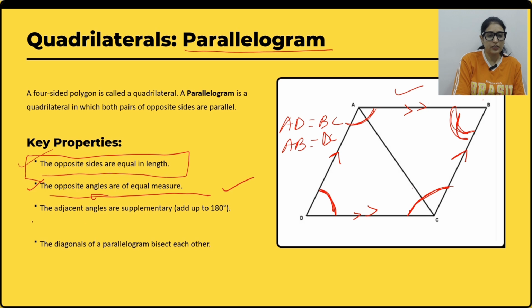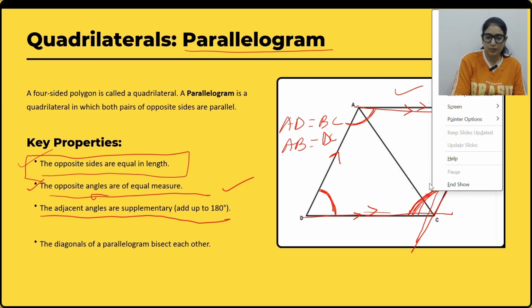Now, adjacent angles are supplementary. If you observe here, AB is parallel to DC, then the BC side will act as a transversal, right? B and C are adjacent, so their sum will be 180. As AB is parallel to DC and BC is the transversal, these will be co-interior angles, and we know that co-interior angles are always supplementary.